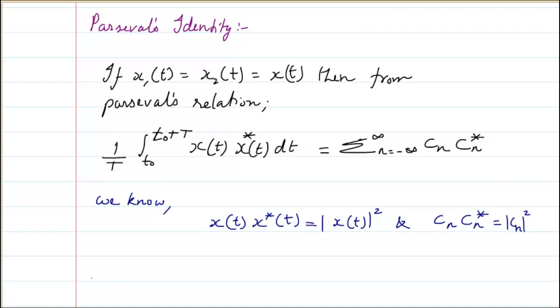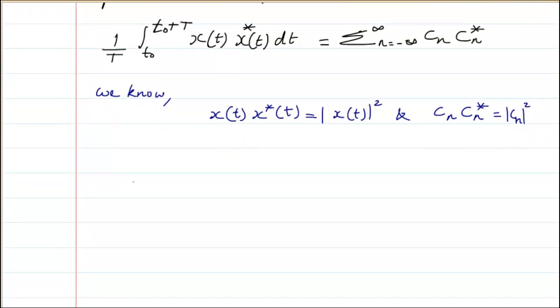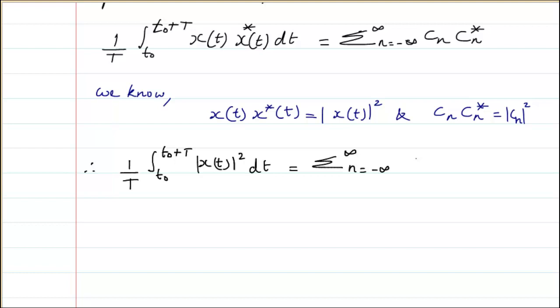Therefore the equation is now coming to its final conclusion. So I am going to write therefore 1 by T integral T naught to T naught plus capital T magnitude of x of t squared dt is equal to summation n is equal to minus infinity to infinity magnitude of Cn squared.